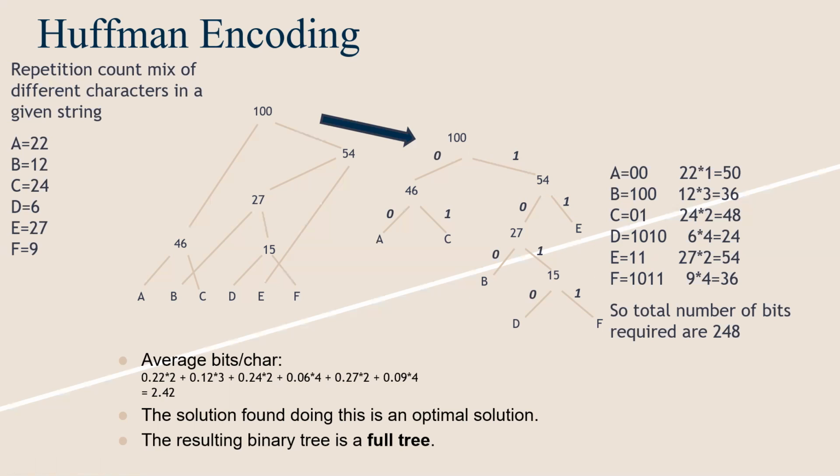So E will be encoded as 1, 1. Okay. Now last one, that is F character. So for traversing up to F from 100, we will go through this right way, 1, then 0, then 1, then 1. So 1, 0, 1, 1 is the code for character F.